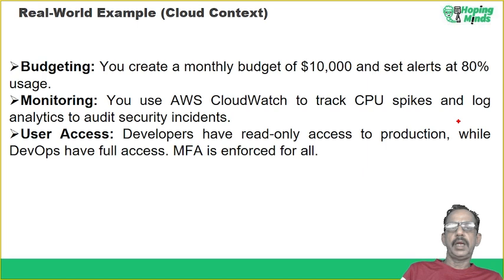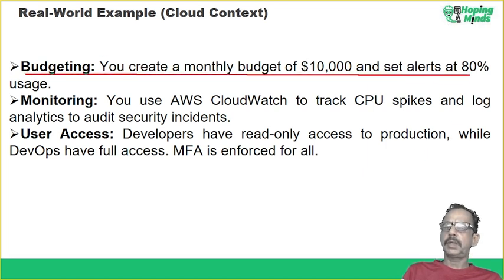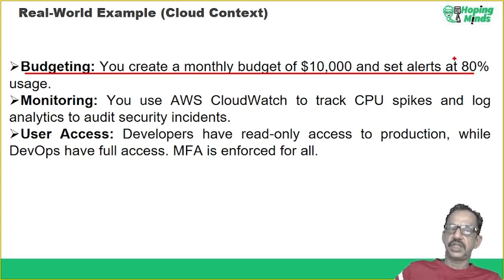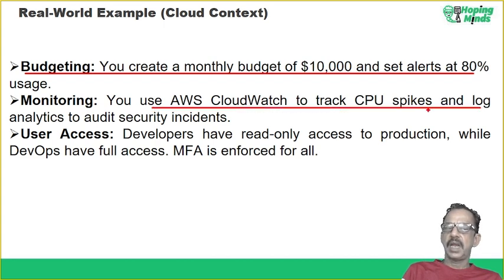If we take a real-world example, for budgeting, you can set a monthly budget of $10,000 and set an alert for it, as I've shown you in the budget. Keep doing the monitoring. You can use AWS CloudWatch to track CPU spikes, and logs and analytics for auditing security incidents.